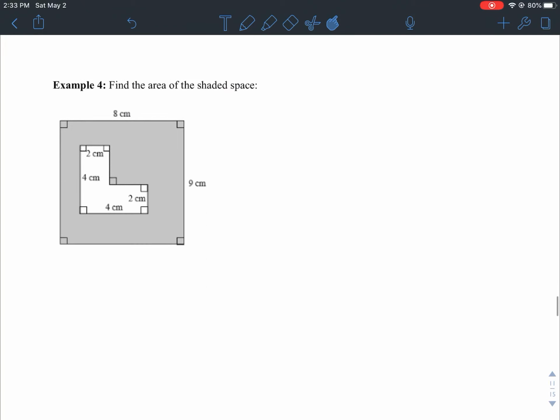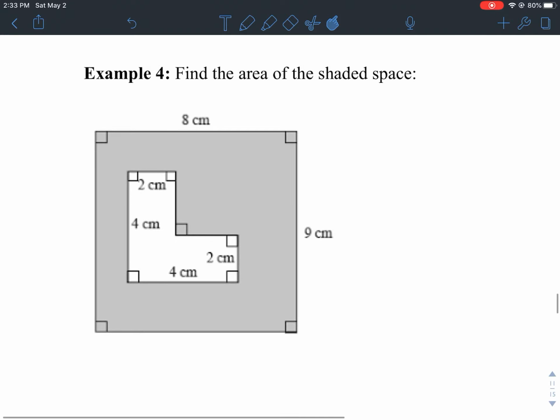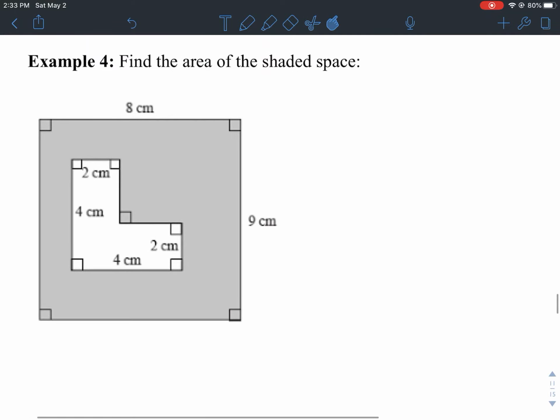All right, moving on to this last example here. We have to find the area of the shaded space. There are several ways of doing this. The way that I recommend is finding the difference between the two shapes that we have here.